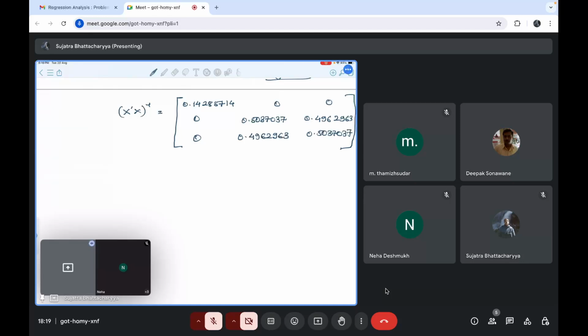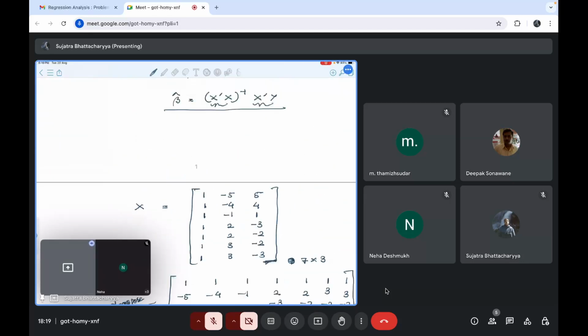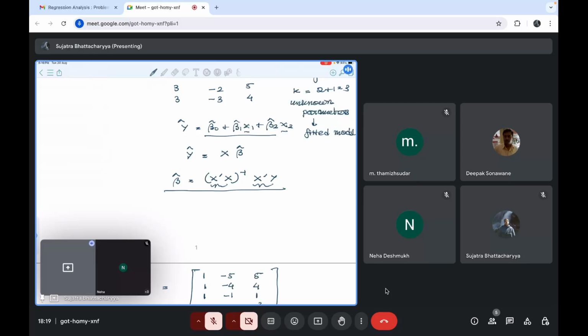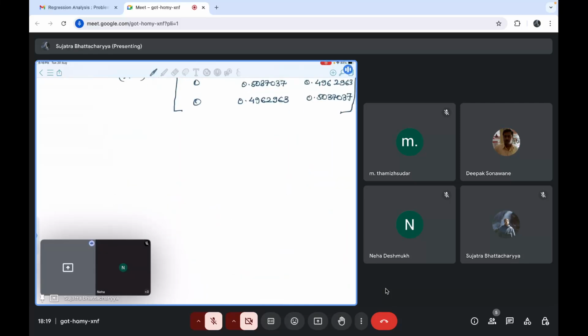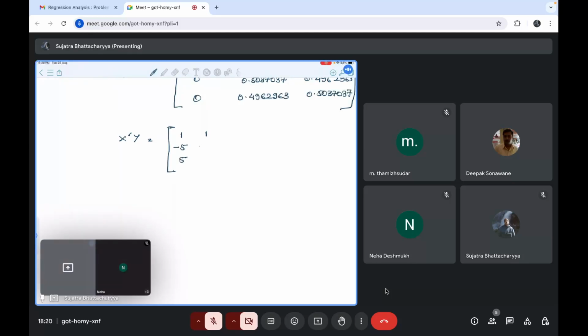Now next, what else is required is this x prime times y. x prime I have already calculated, only thing is y. So I just write it in this particular step. Let me rewrite x prime: minus 5, 5, 1, minus 4, 4, so that the steps are clear. This is 1, 2, minus 3, 1, 2, minus 2, 1, 3, minus 2, and 1, 3, minus 9.